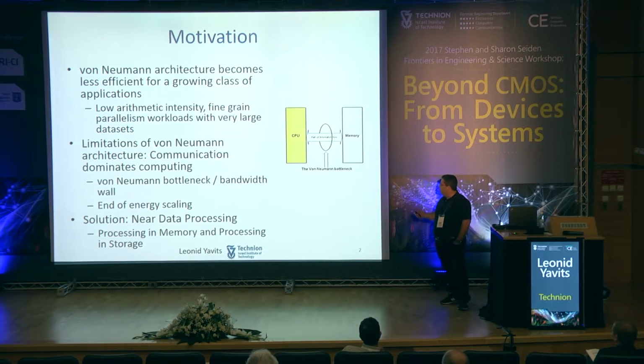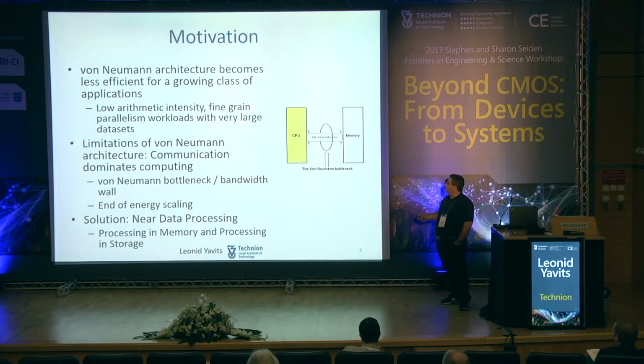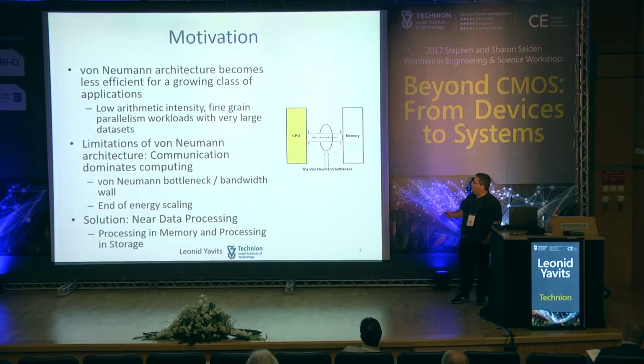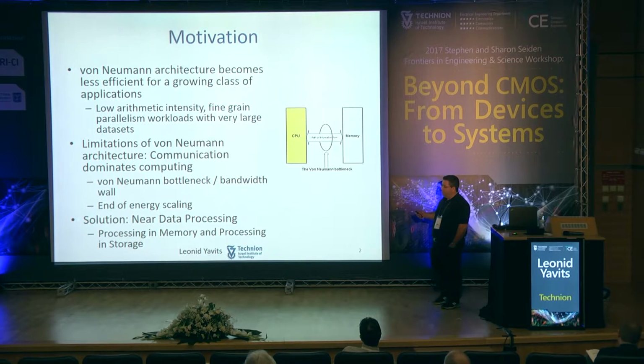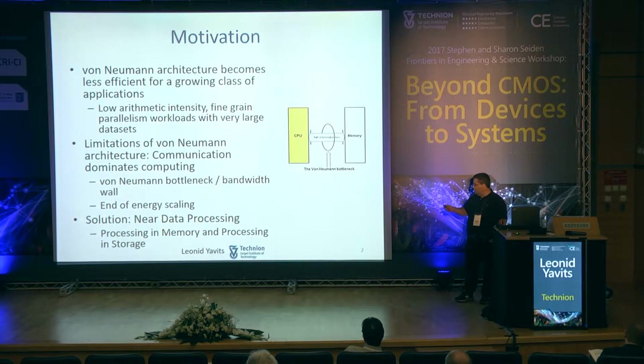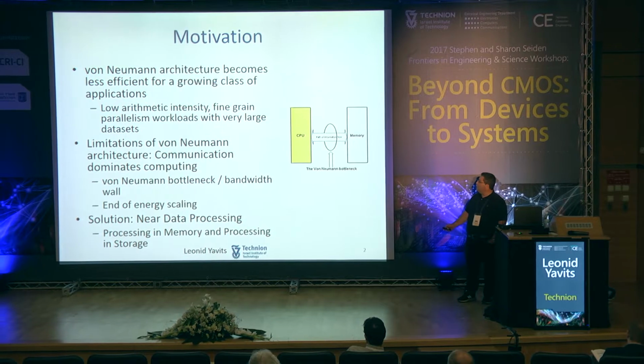I'm just going to say that von Neumann architecture is not all that bad. It's just less efficient for a growing class of problems which share a certain amount of common characteristics. And the solution to this problem is indeed near-data processing.